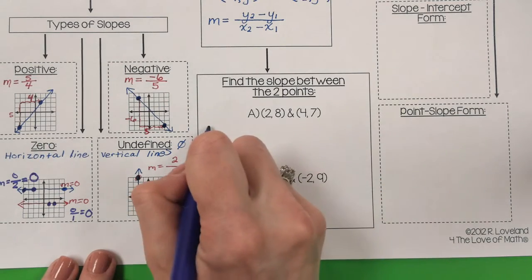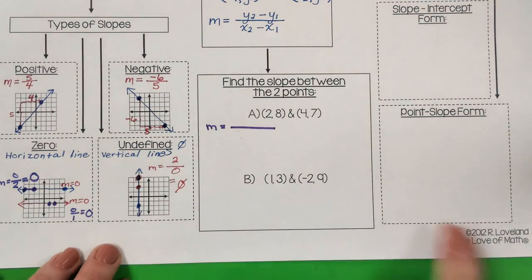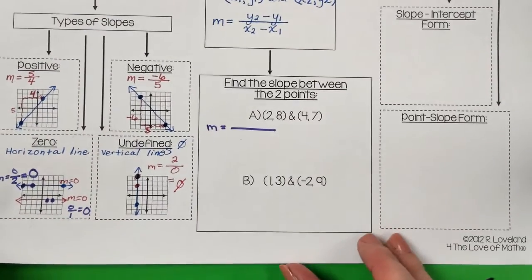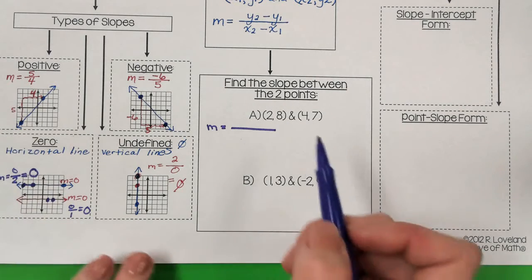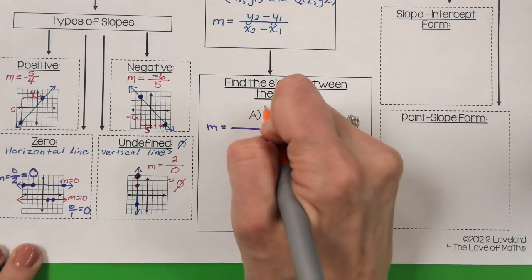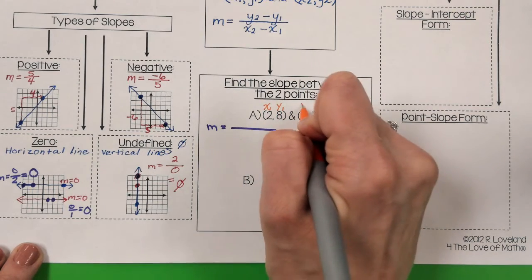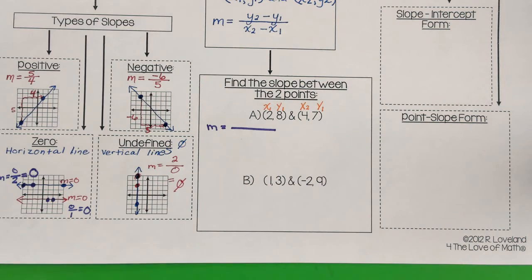So we always start with m equals and a line, because slope is a ratio, which means it's a fraction. And just to make it easier, we label this the first x, the first y. Second x, second y.